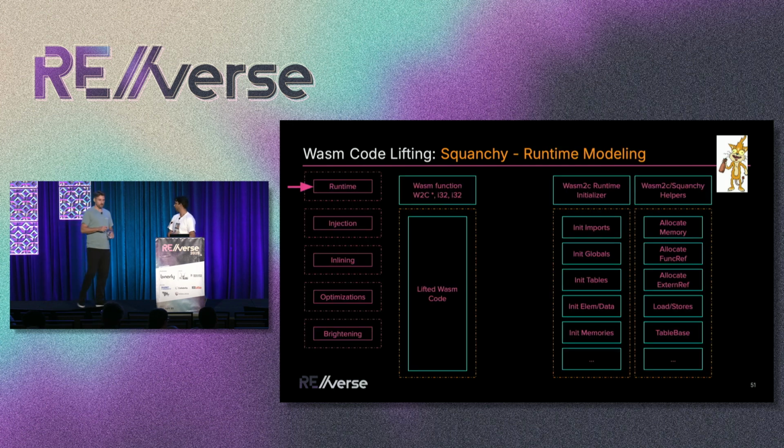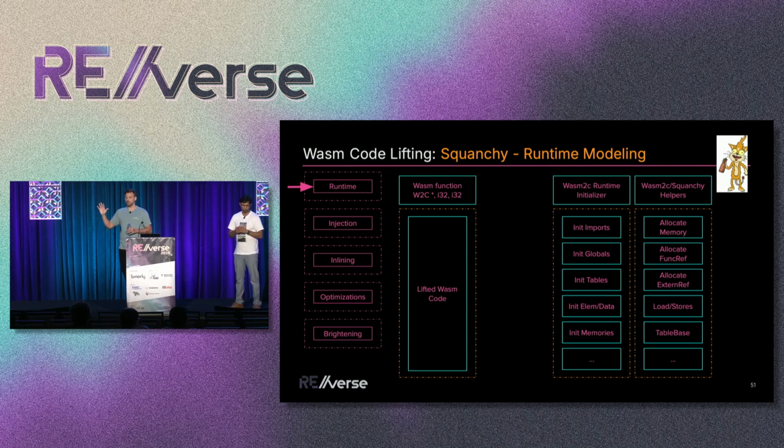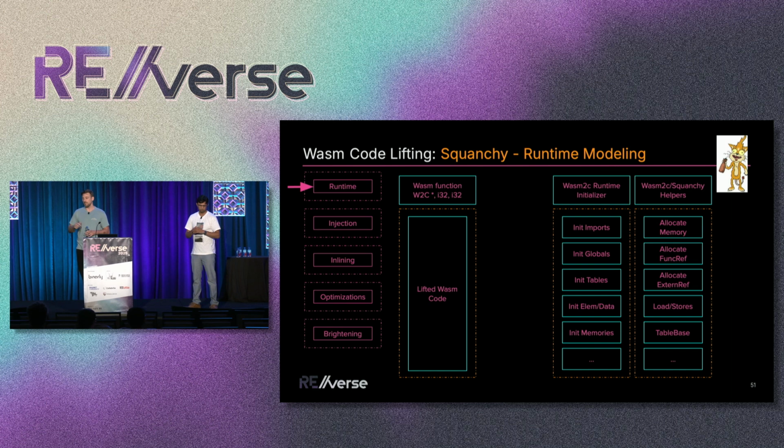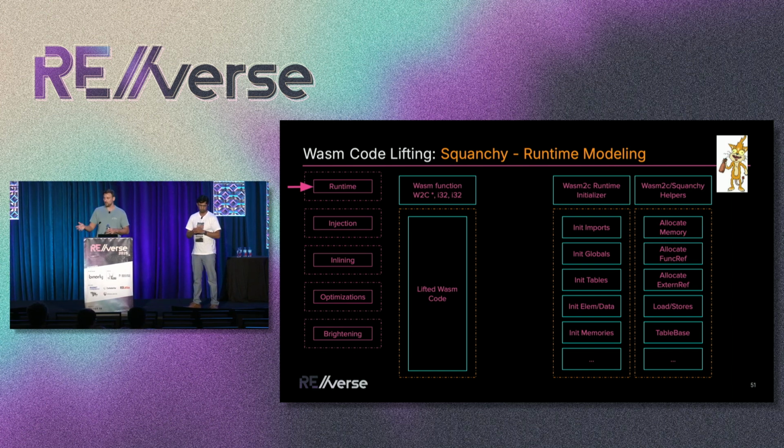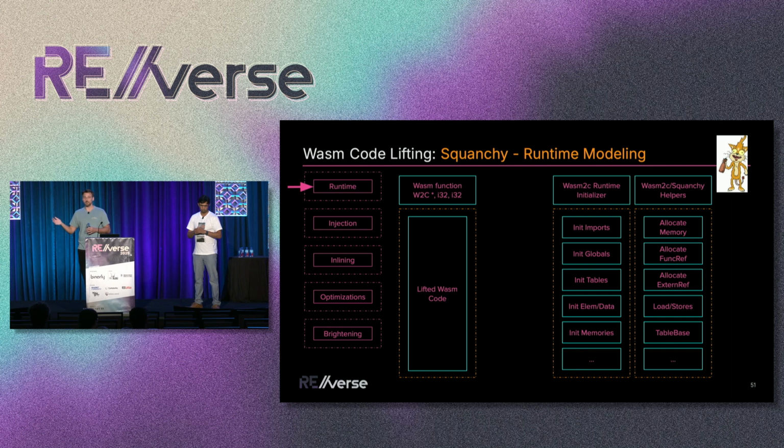So what is the idea? I move here, I think it's easier. On the left, we have our lifted function with Wasm-mutate, the lifted Wasm code. It has this Wasm-mutate argument, the first one. And then we have the Wasm-mutate runtime that is also emitted into the module generated by Wasm-mutate. Here we see the init imports, globals, and so on. And we have the Squanchy and Wasm-mutate helpers. Helpers means we need to somehow allocate memory.